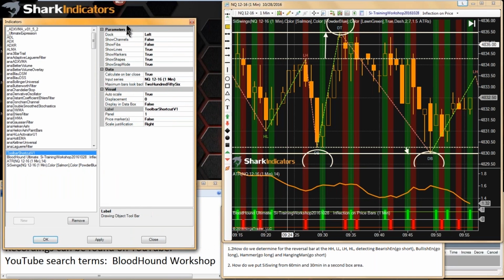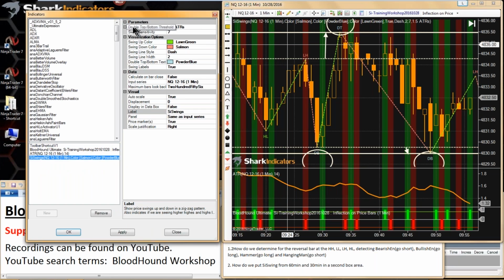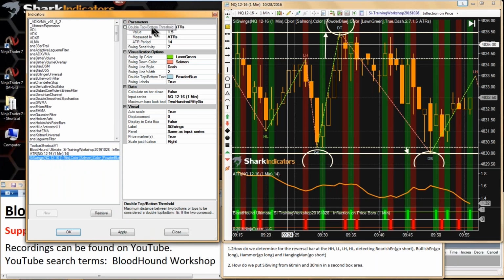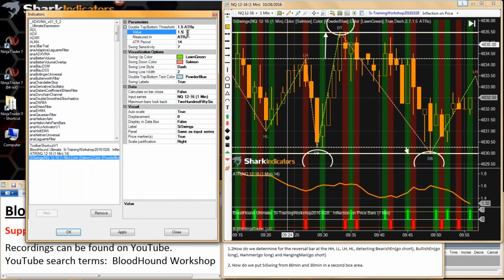This double top, double bottom threshold allows you to adjust the maximum distance that determines a double top or double bottom. Right now we're using an ATR, so we take the ATR value and multiply it by this value, 1.5 times.